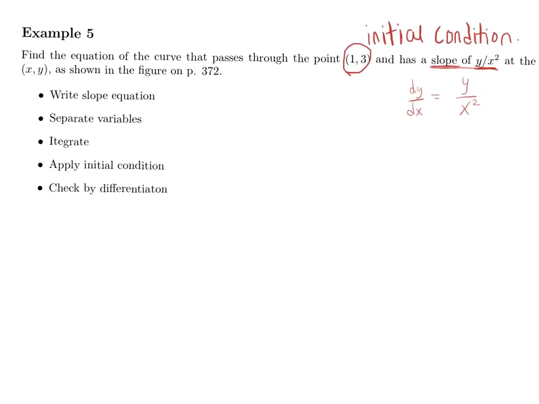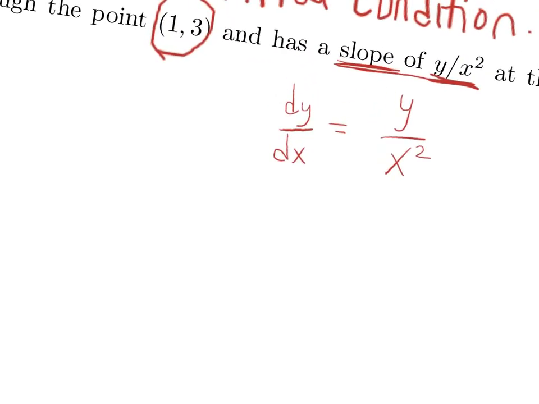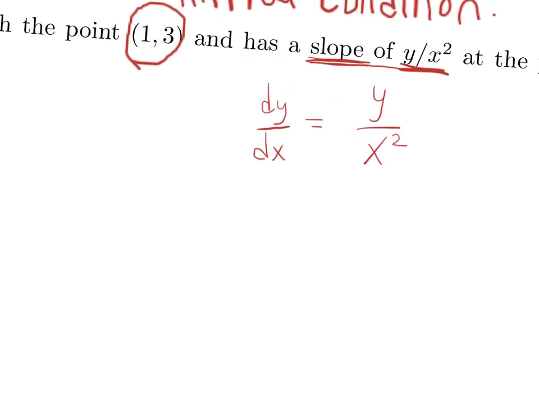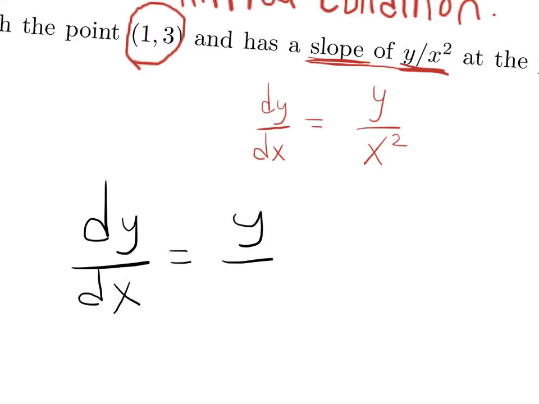So here it was a little bit different. In the last one, they gave us the differential equation. This one, we had to filter through the words and write our differential equation. You have to know how to do that. Now we're going to follow the same process that we did before and separate our variables. So what do we need to do? Let me do it down here. dy/dx equals y over x squared.